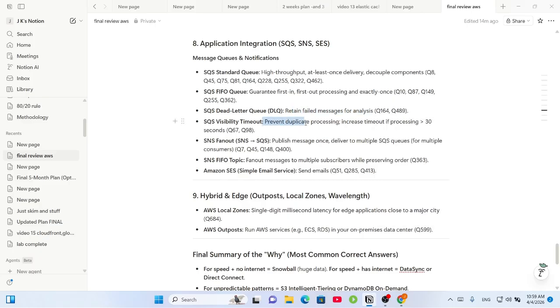SQS visibility timeout prevents duplicate processing; increase the timeout if processing takes longer than 30 seconds. SNS fanout publishes a message once, delivered to multiple SQS queues for multiple consumers. SNS FIFO fans out messages to multiple subscribers while preserving order.